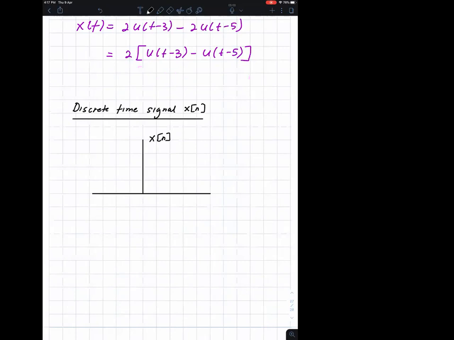For discrete time, we use x of n, x as a function of n, and n is the discrete time.